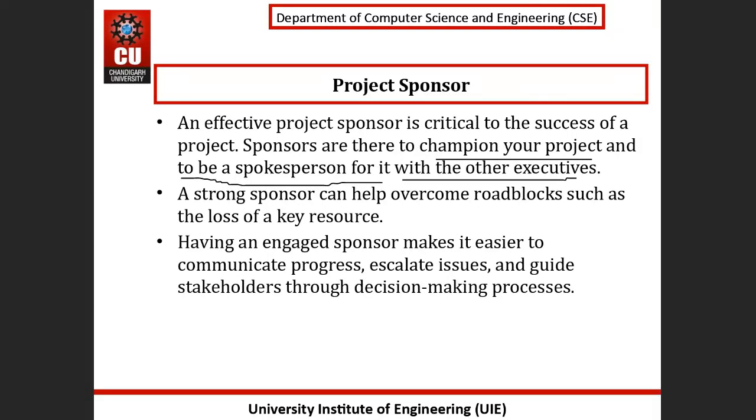A strong sponsor can help overcome roadblocks such as the loss of a key resource. Having an engaged sponsor makes it easier to communicate progress, escalate issues, and guide stakeholders through decision-making processes.